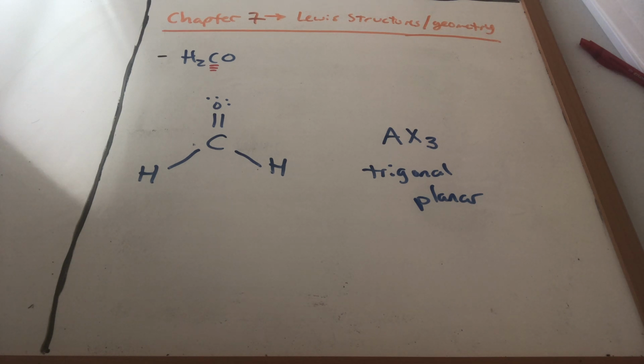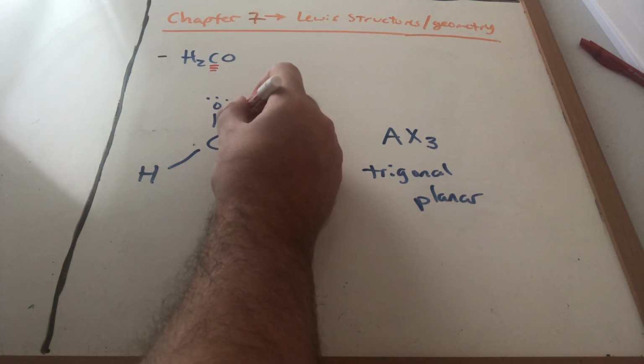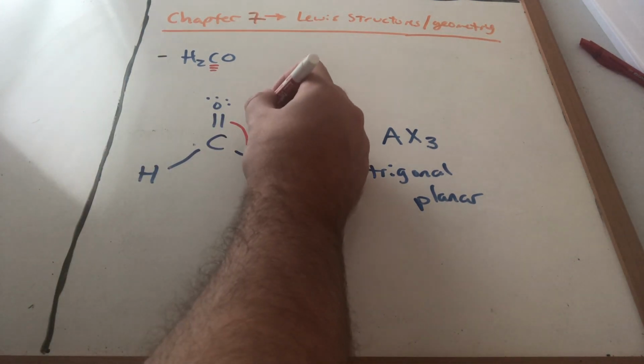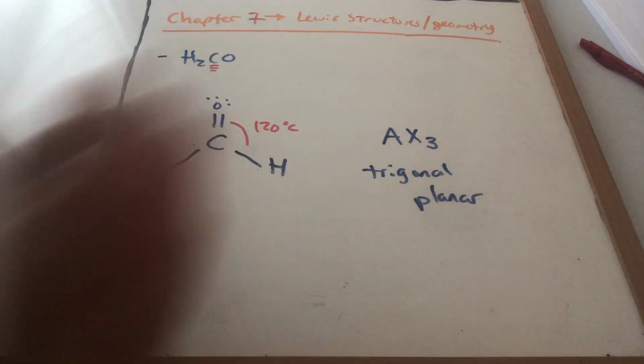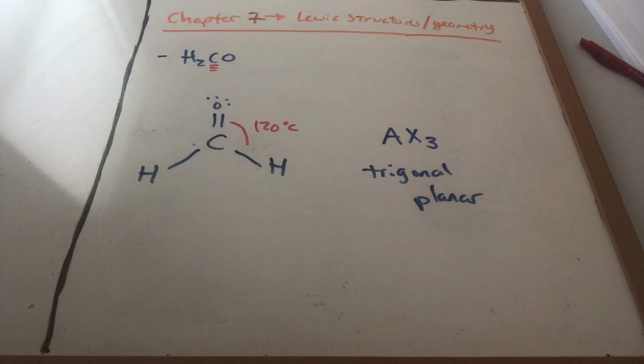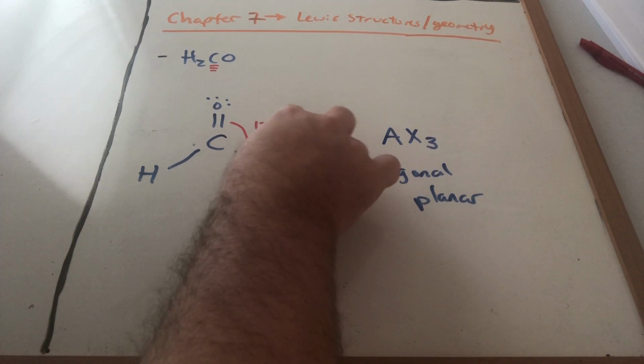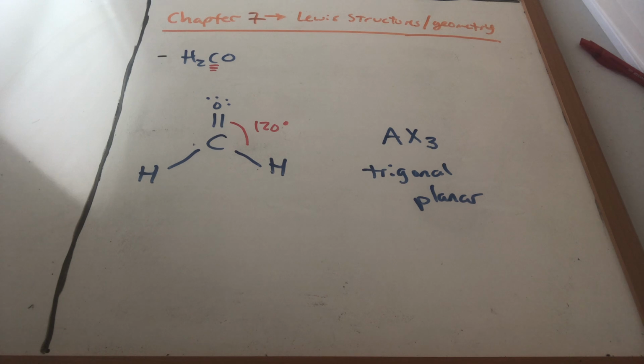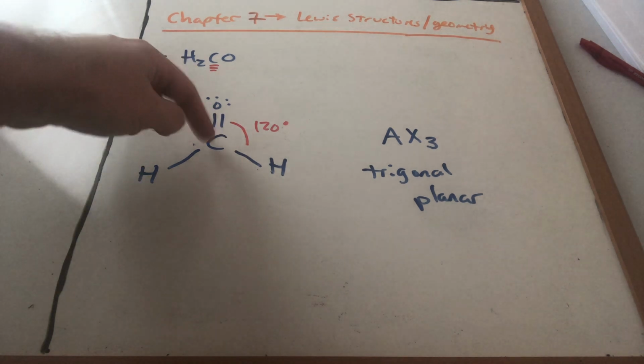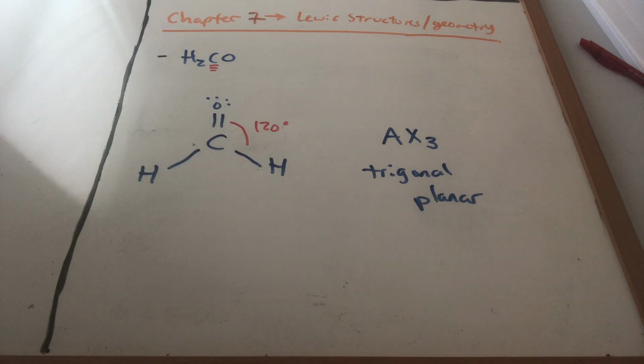The other things you'll be asked, besides polarity, and we'll do that in a second just to practice, is bond angle. So if this is a triangle in a plane, then with our geometry knowledge, we know that these bond angles are 120 degrees, not Celsius. 120 degrees in terms of their bond angle, okay? So this angle right here, 120 degrees, because it's making a triangle in a plane.